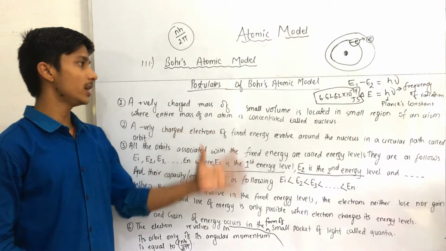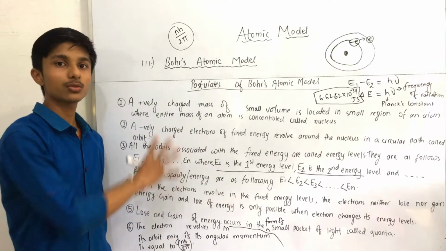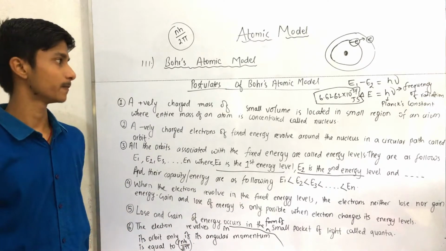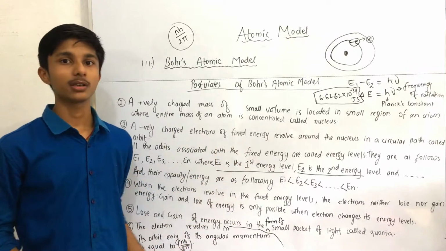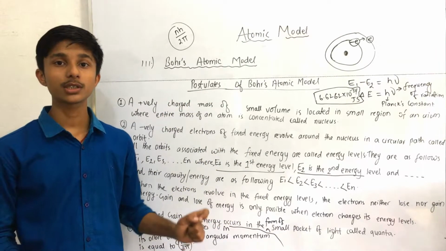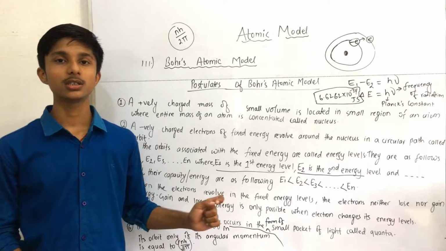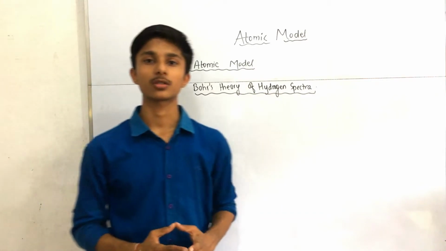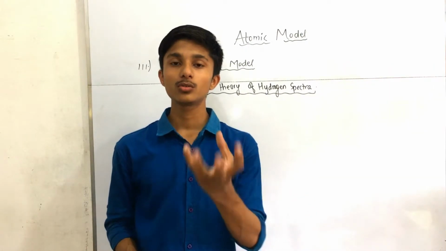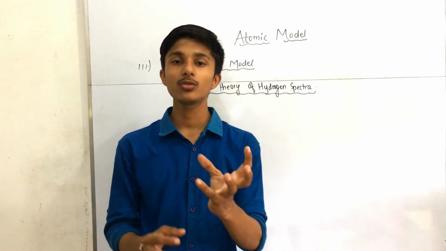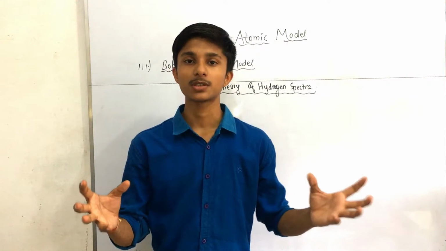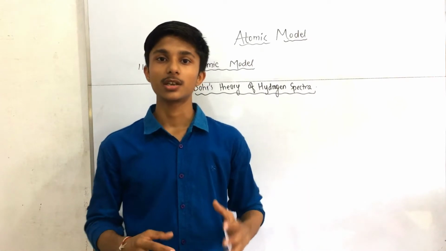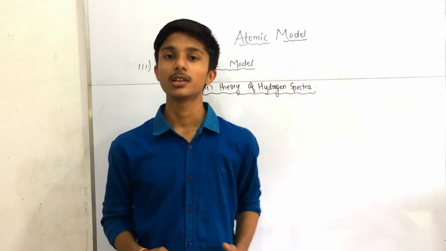So here we have studied the postulates of Bohr's atomic model, and this is important, as I have told earlier. Now we move to the next topic, Bohr's theory of hydrogen spectra. This is also important. When electric discharge is passed through molecules of hydrogen gas, the molecules dissociate into atoms, and the solitary electrons of the atoms gain energy, become excited, and jump to different higher energy levels.